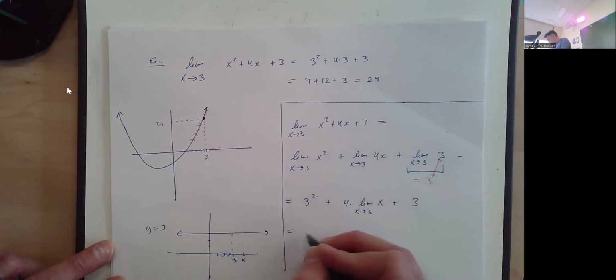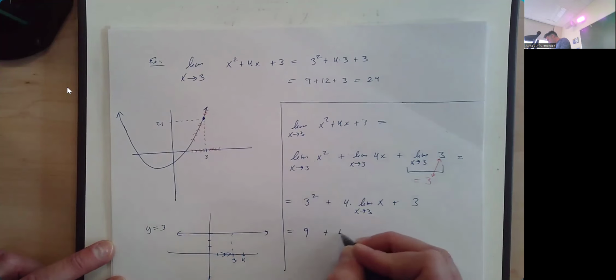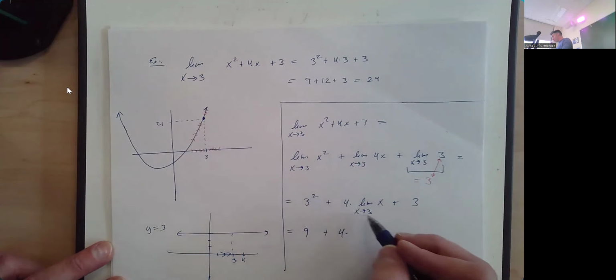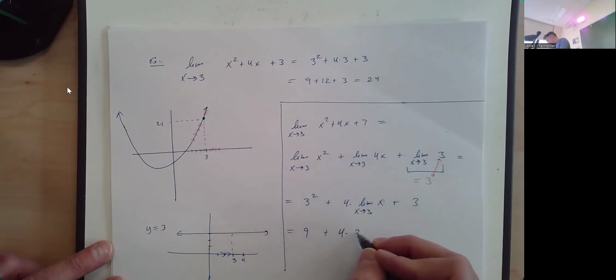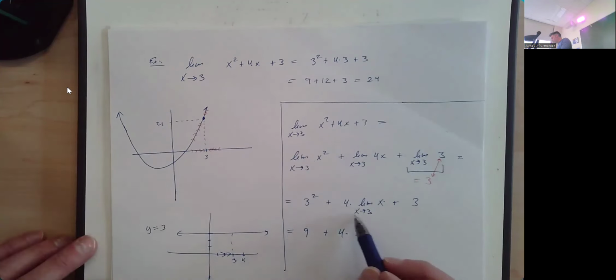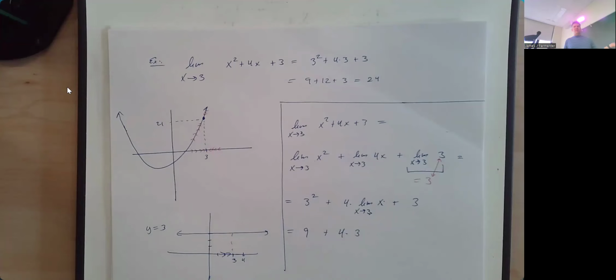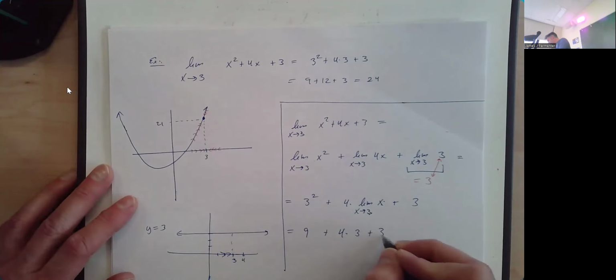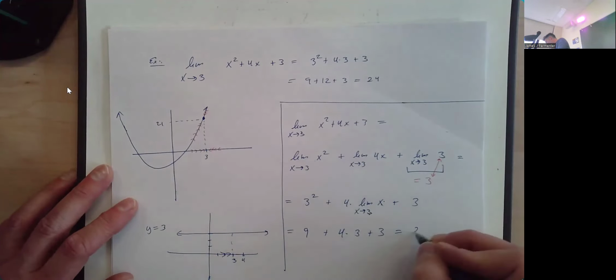The limit as x approaches a number of x is just the number it's approaching, which makes sense, right? You're saying, what's the limit as x approaches 3 of x? Or what is x getting close to as x is close to 3? It seems like I've already said the answer. x is getting close to 3. And then finally, another 3 here. So 9 plus 12 plus 3 is 24.